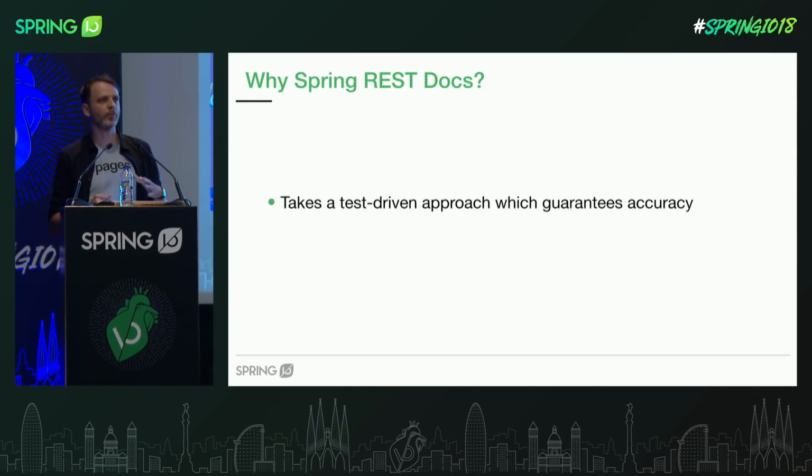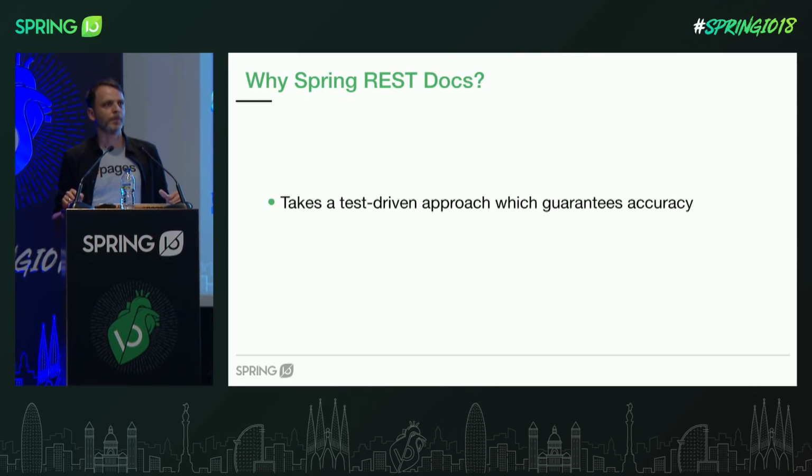I think many of you have worked with API documentation, and if it's disconnected from the code, it basically rots away. It's hard to keep it up to date, right?